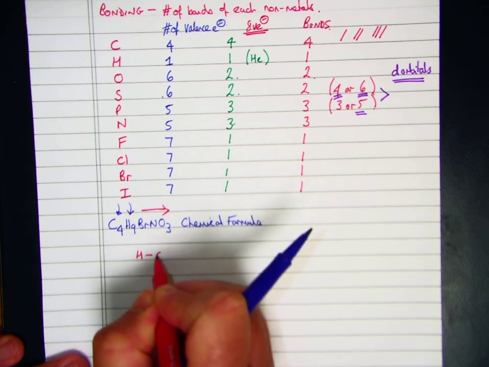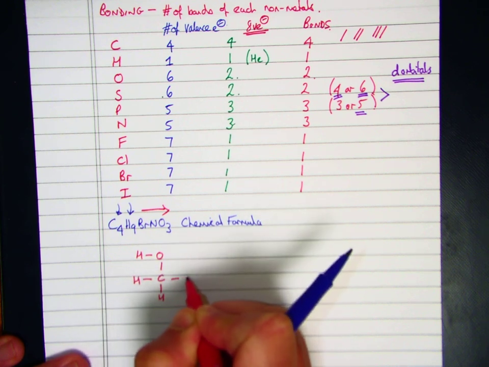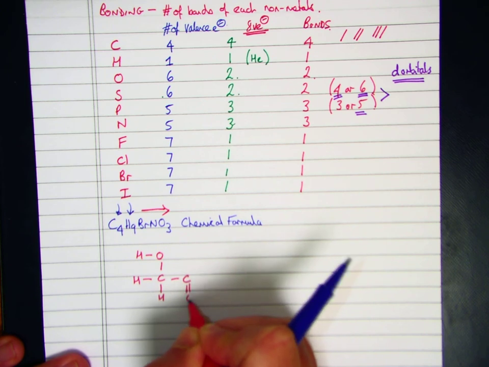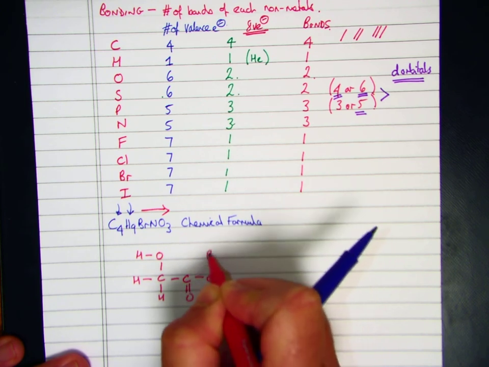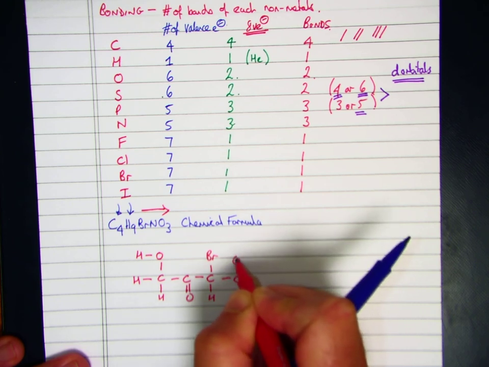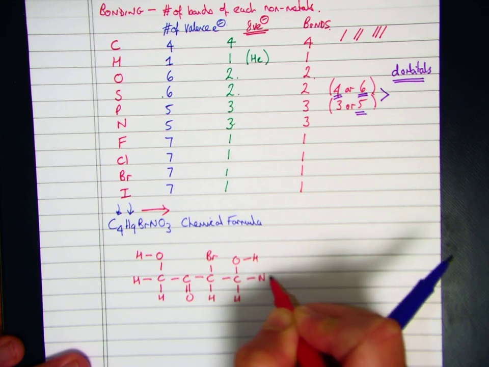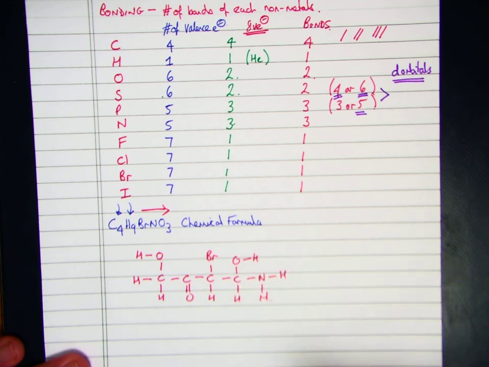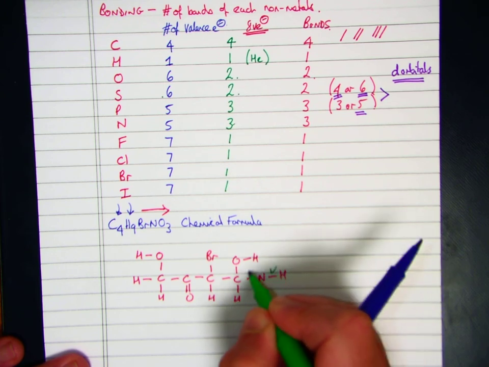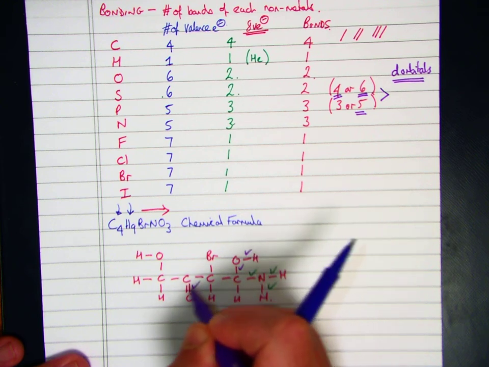We've got HOC, HHC, double bond O, C, Br, H, C, O, H, H, N, H, and H. If we look closely, every hydrogen has 1 bond, every nitrogen has 3 bonds, every oxygen has 2 bonds.